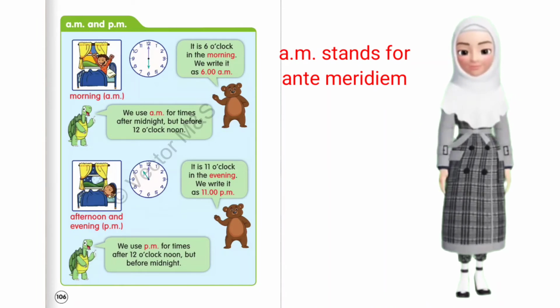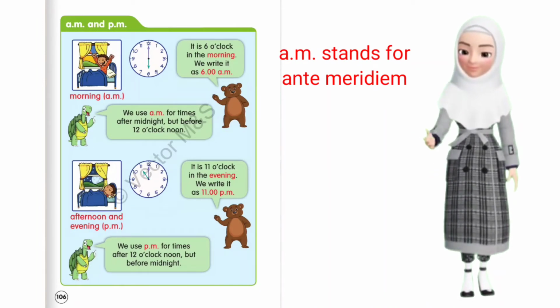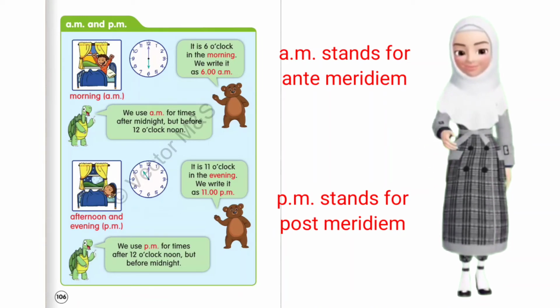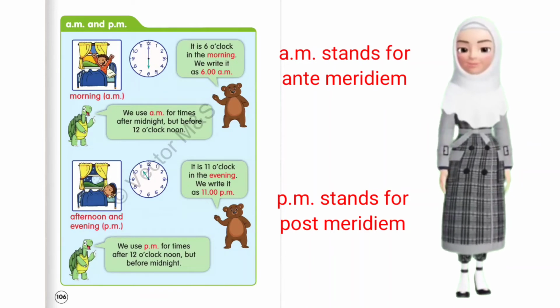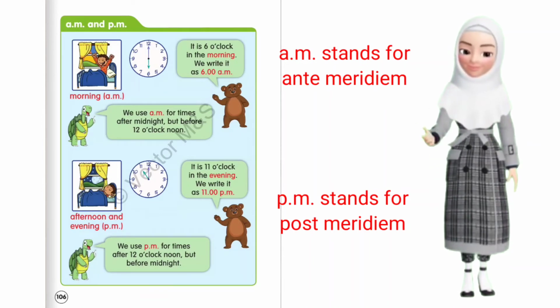We use AM for times after midnight, but before 12 o'clock at noon. PM stands for post meridiem, translating to after midday. We use PM for time after 12 o'clock at noon, but before midnight.